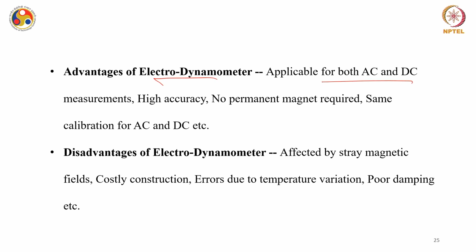It has high accuracy, no permanent magnets are required, and simply the current flowing through the coil can act as an electromagnet. The same calibration is needed for AC and DC, and that's why we also call it a transfer instrument. The disadvantages are that it is affected by stray magnetic fields, has costly construction, and errors due to temperature variations can also happen.